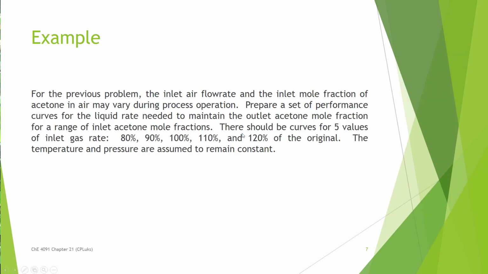They then say, look at how this would vary for a wide variety of inlet gas flow rates. So decrease by 20%, increase by 20%, and assume that everything else remains the same.